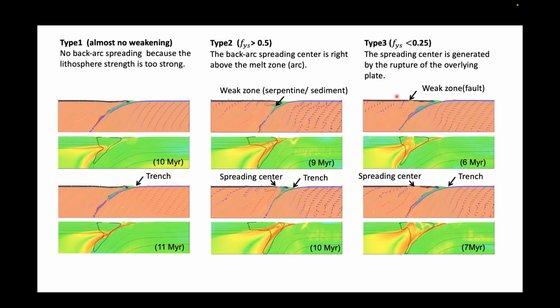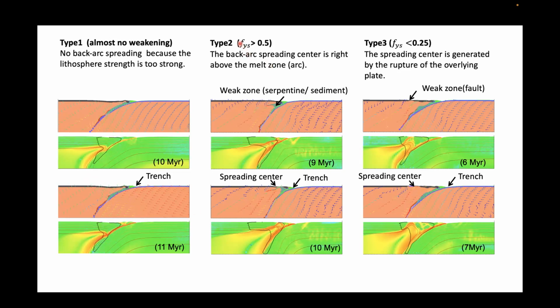So we observe three types of behavior by changing the amount of weakening due to the yield stress, or the amount of weakening due to the viscosity. We found that if we have very little weakening, then we can have subduction, but there is no back-arc spreading. In the strain rate, you see only one single fault, and a tiny amount of splay fault in the fore-arc region.